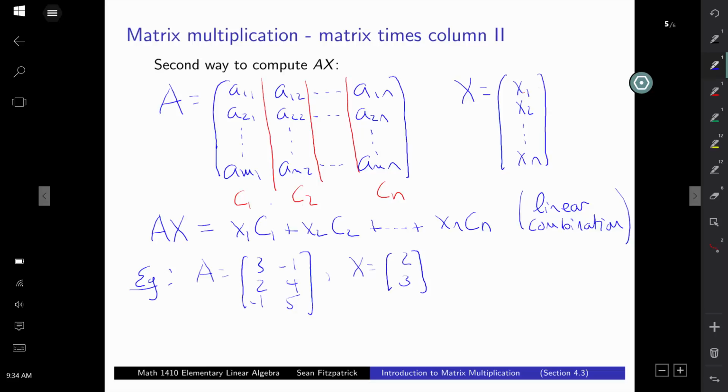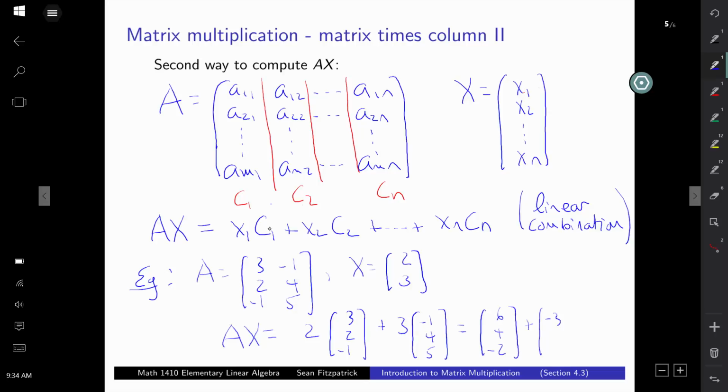This recipe says that to do A times X, I should do the first entry in X, which is 2, times the first column in A, 3, 2, minus 1, plus the second entry in X times the second column in A, minus 1, 4, 5. So this gives me 6, 4, minus 2, minus 3, 12, 15, and when I combine those I get 3, 16, and 13.